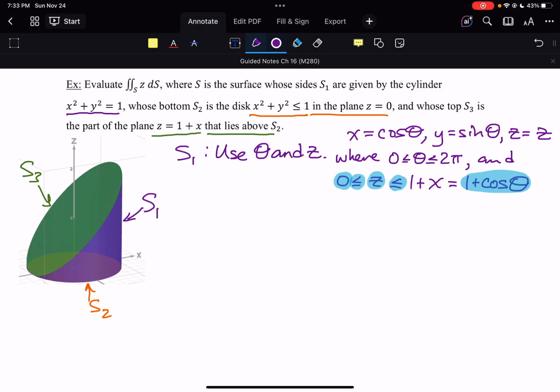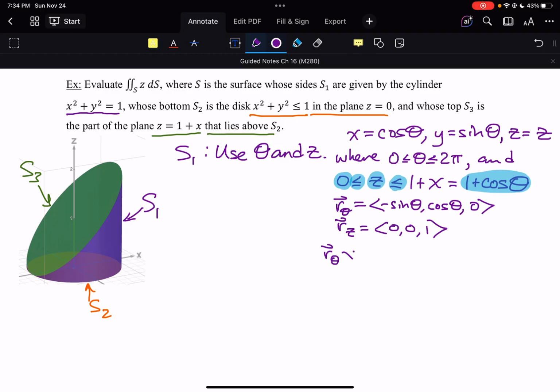Then we would need to get the tangent vectors. So we would get r theta, which would be negative sine theta, cosine theta, and 0, and rz, which is 0, 0, 1.